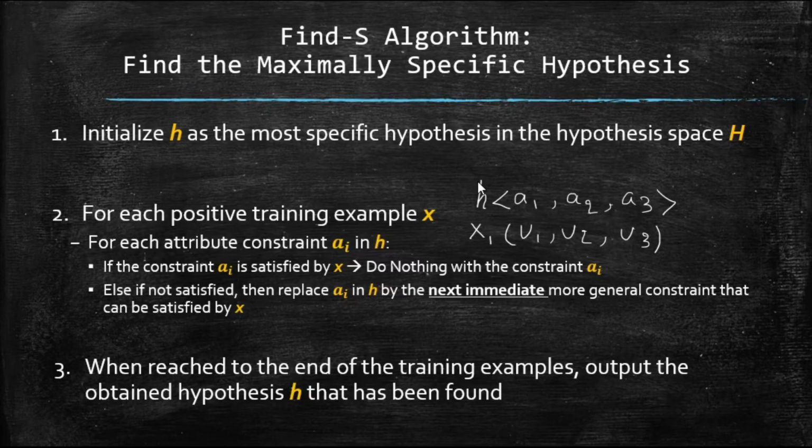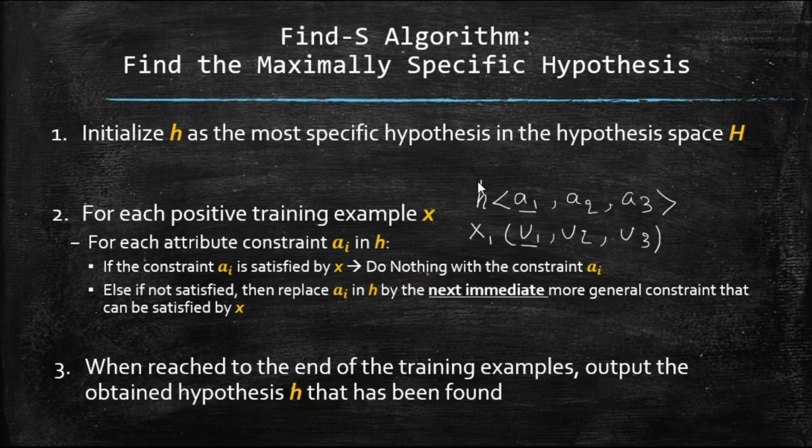And then for each attribute constraint A sub i in H, meaning for each one of A1, A2, and A3, we check whether the corresponding value in X of 1 satisfies that constraint. For example, let's start with A sub 1. Does V sub 1 satisfy A sub 1 or not?